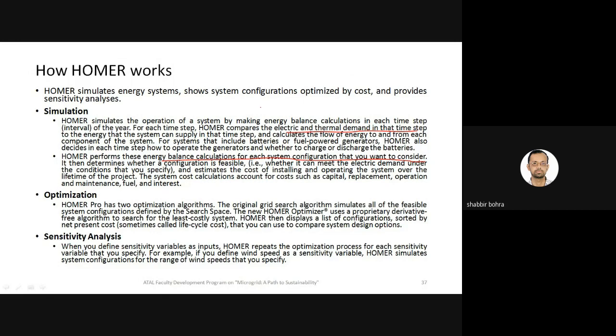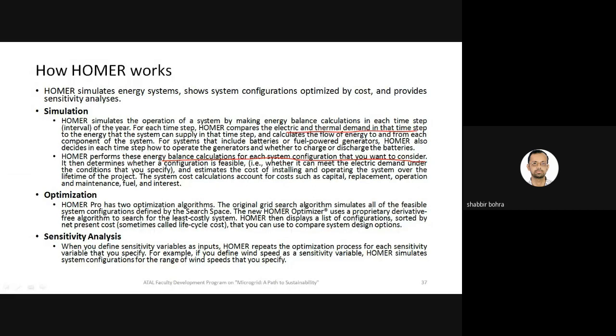Optimization has two optimization algorithms. One is the original grid search algorithm that simulates all feasible system configurations defined by the search space. As I have mentioned, 10, 20, 30, 40 is known as the search space. You need to specify that, and the system will automatically identify and give you the results. And the third is sensitivity analysis.